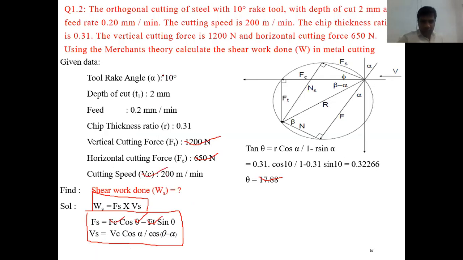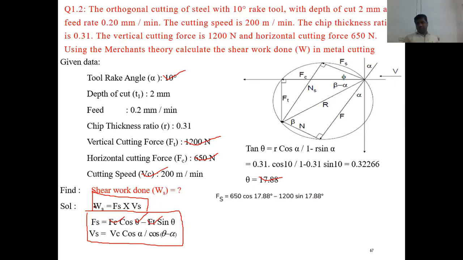Alpha is here, and theta we just calculated. By substituting these you get both the Fs value and the Vs value, and substituting them you get Ws, right? It's a very simple problem, not very difficult. The only thing we need to understand is which parameters are not given, and those we need to calculate. So please calculate now. Tell me how much Fs and how much Vs is coming.